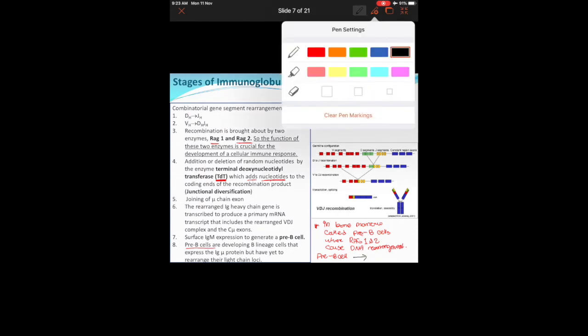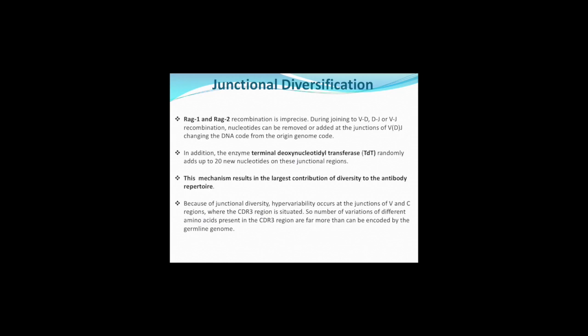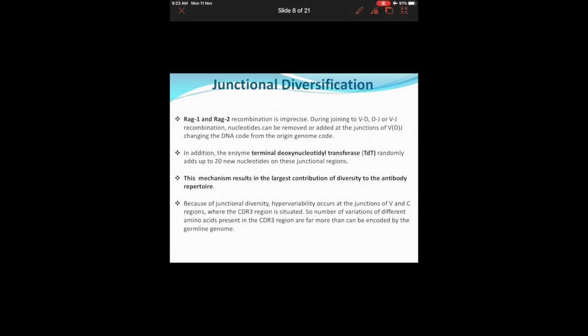Alright, so just to repeat, RAG1, RAG2 is one of the contributions to variability in terms of the selection of exons for V, D, and J. And then the next additional variability is through these random insertions or deletions of nucleotides through this enzyme terminal deoxynucleotidyl transferase.